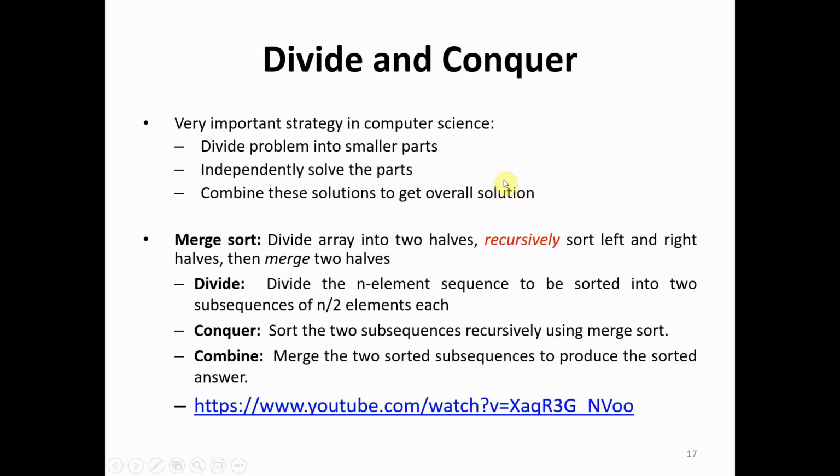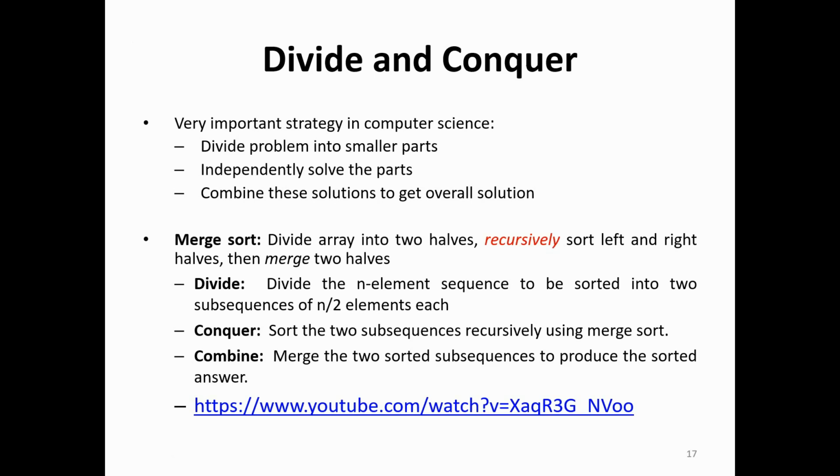So what is merge sort? Merge sort is a divide and conquer algorithm that says that if you want to sort an array of size n, let's divide it into two subarrays. Let's sort the first subarray first, then sort the second subarray, and then merge them together.